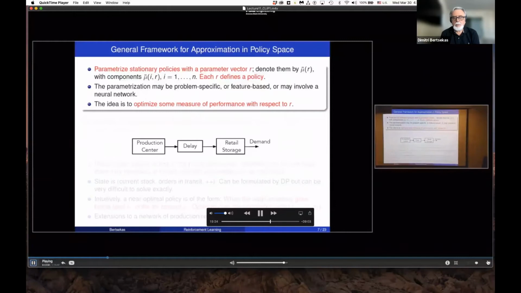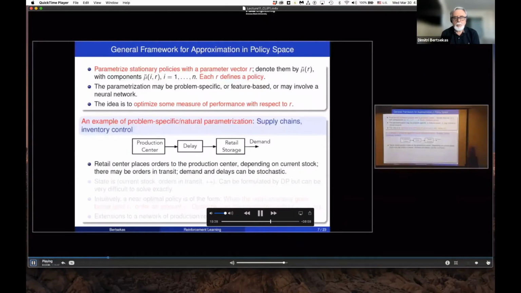So let's give a couple of examples of parameterizations. This is a problem where it's much easier to think of a control parameterization, a policy parameterization, than a cost parameterization. It comes from the general area of supply chains, inventory control. It's a very, very important type of problem in industrial engineering.